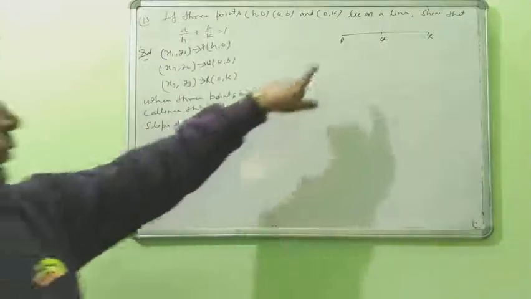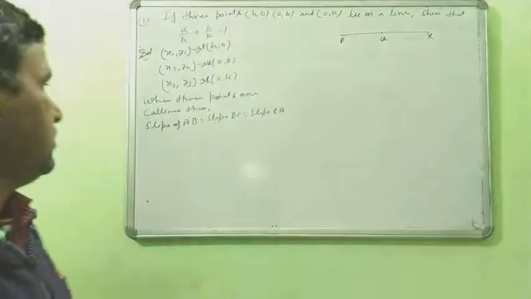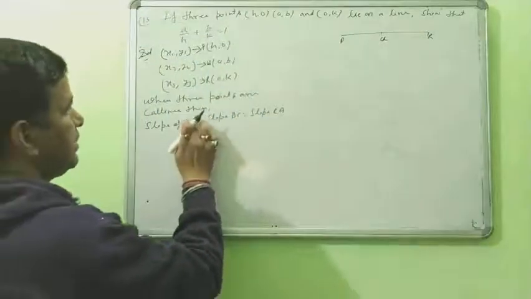That means when you write slope of AB equals slope of BC or slope of CA, in place of AB you can write PQ.